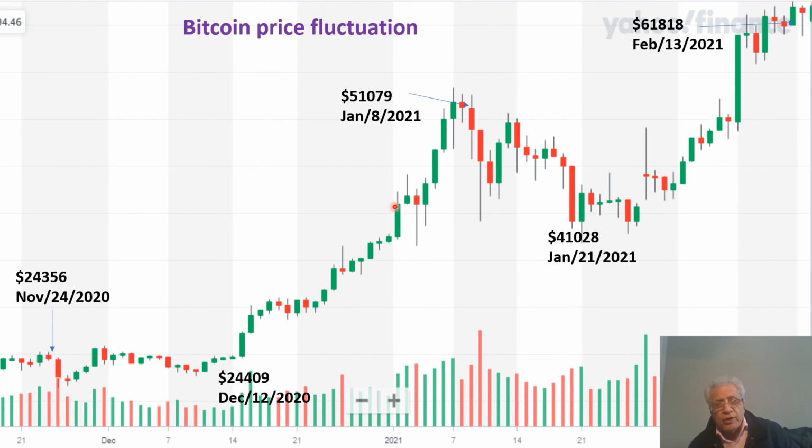The price goes all the way up, and at the top of the upward trend, we face an inside bar. That means indecision for the bulls, and this bullish power is coming to an end. So we exit the market at 51,079 on January 8, 2021.